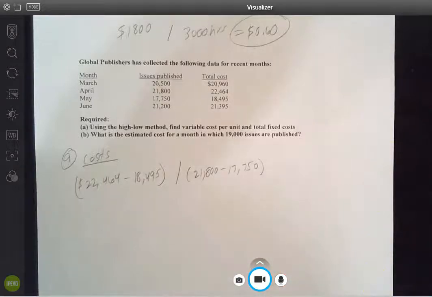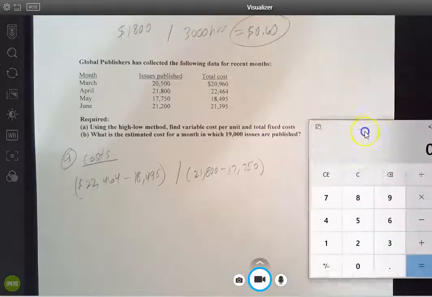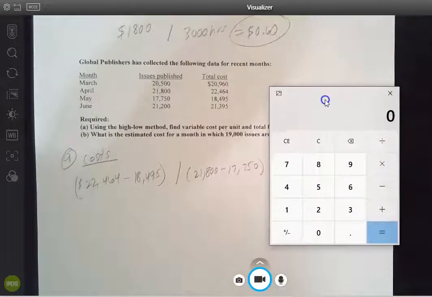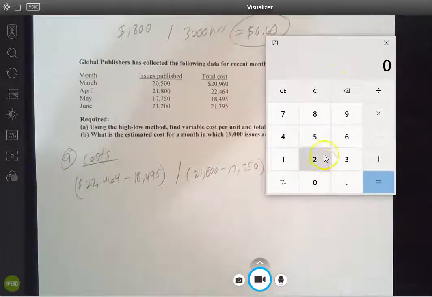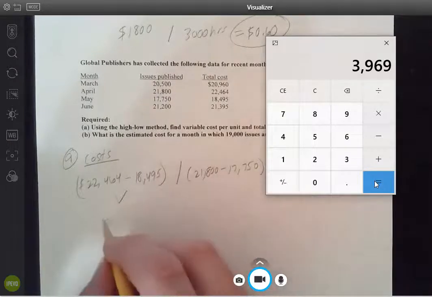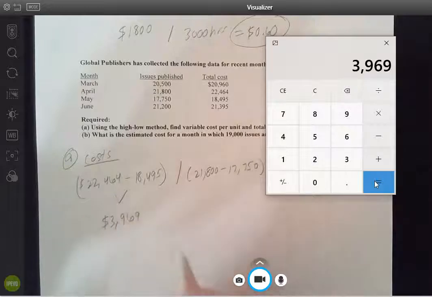Okay. So let's bring our little calculator back up here. Make this as small as possible. Hopefully everything will fit. Yeah, okay. So if we take 22,464 minus our low cost of 18,495, we come up with a spread between the high month and the low month of $3,969.